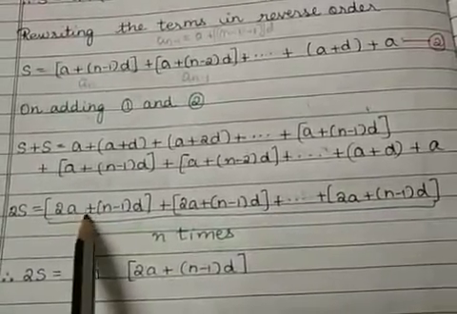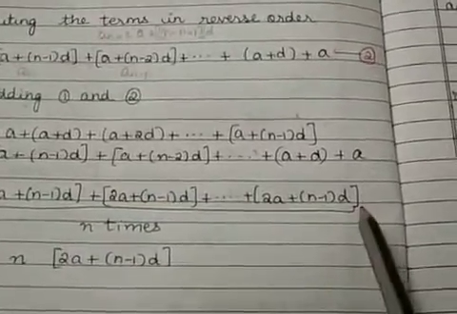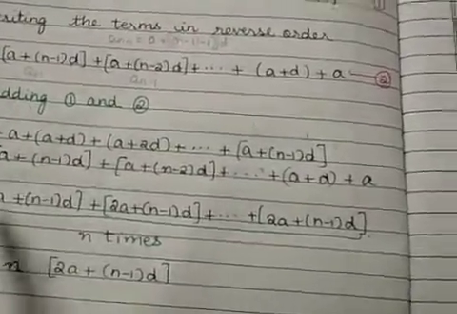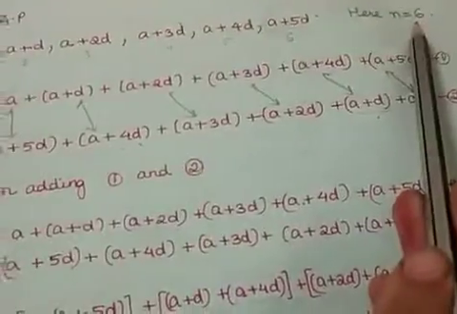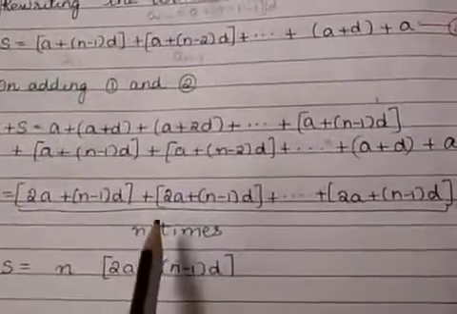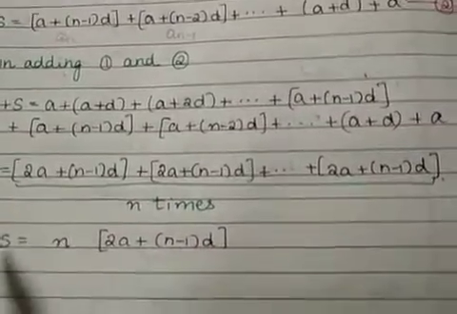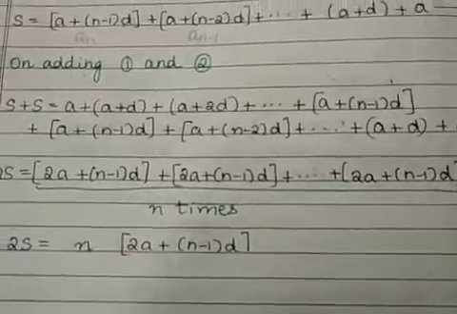Here you will have 2a plus n minus 1 d, 2a plus n minus 1 d, and the last term also will be 2a plus n minus 1 d. So here how many times you had them? You had 6 times because n was equal to 6. So how many times will you have here? Here you will have n times. Okay, so here 2S will be equal to n times 2a plus n minus 1 d.